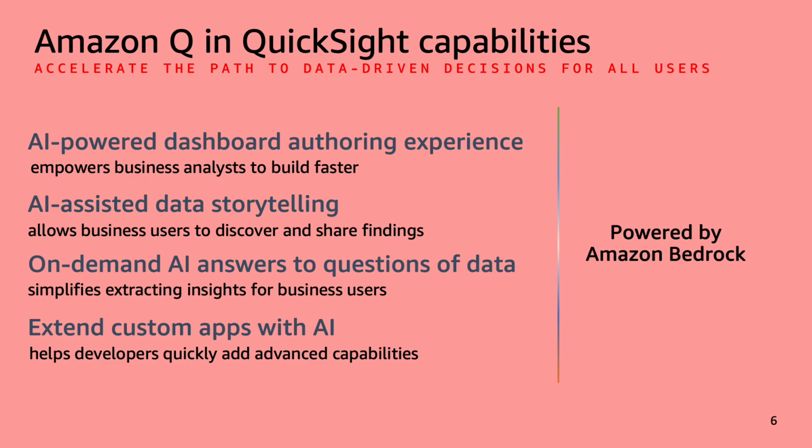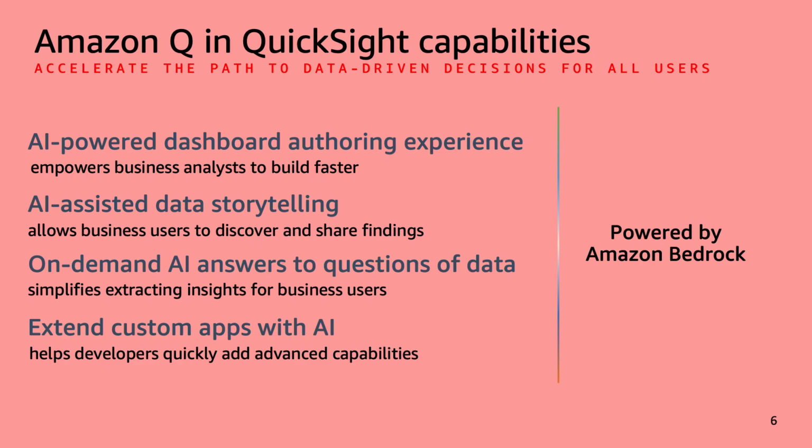Now, when it comes to AI-assisted data storytelling, it's more like narrative generation. Q creates a natural language summary of the key trends and insights from the visualizations that you build using Q in QuickSight. It offers context-aware explanations, where it provides explanations for your data points, trends, and relationships in really easy to understand plain language.